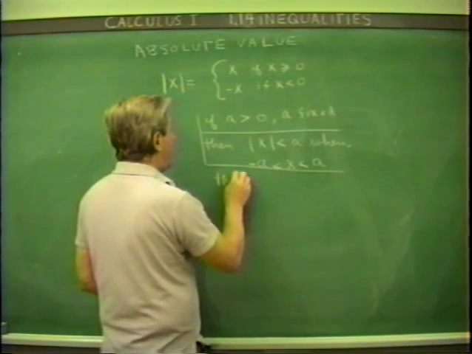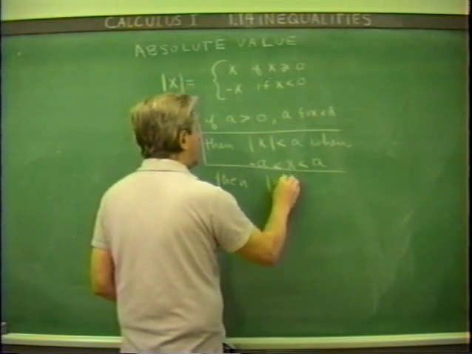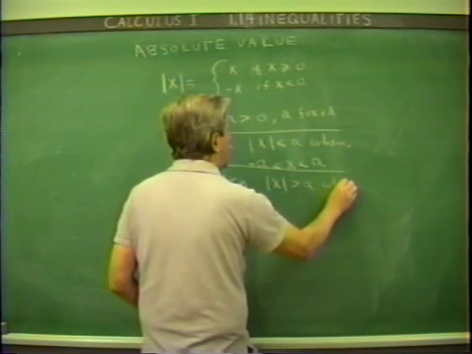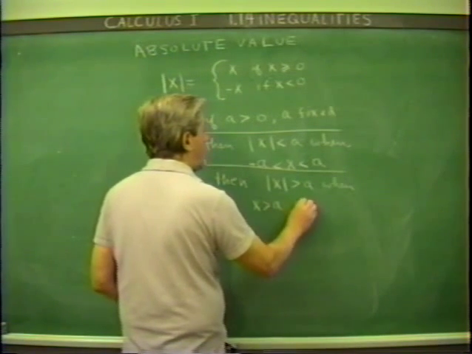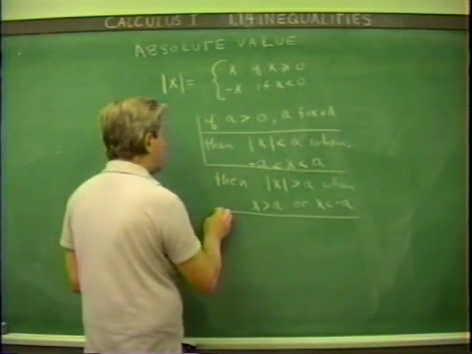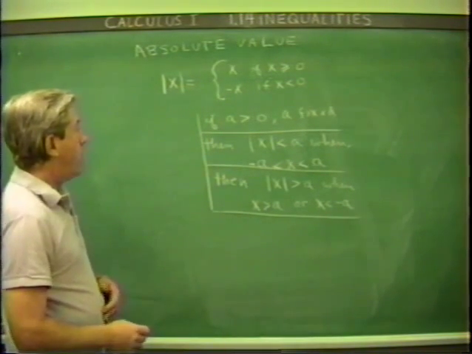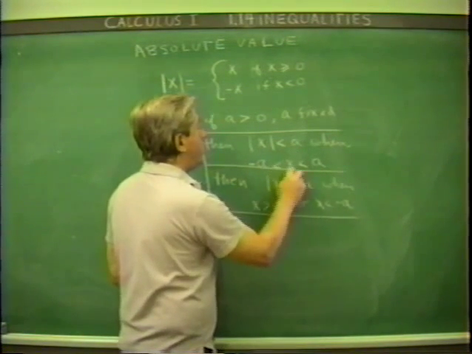A second principle, again for a number a greater than 0, is that absolute x is greater than a when either x is greater than a or x is less than minus a.